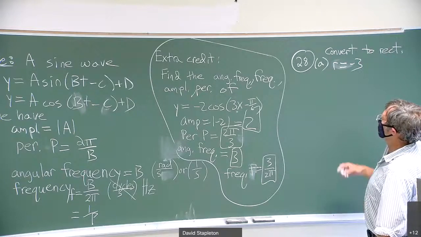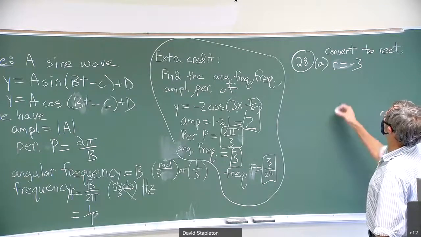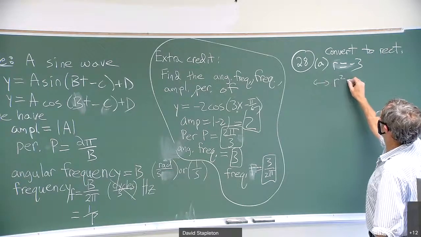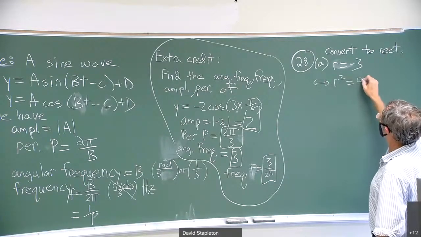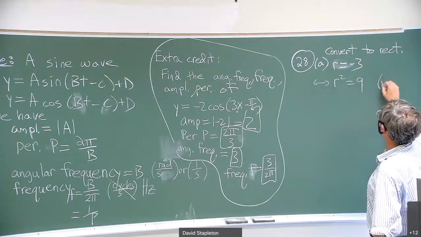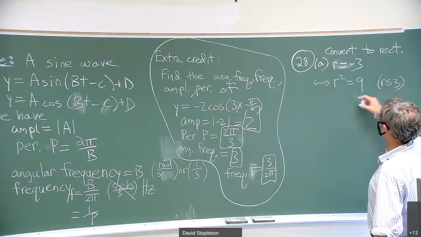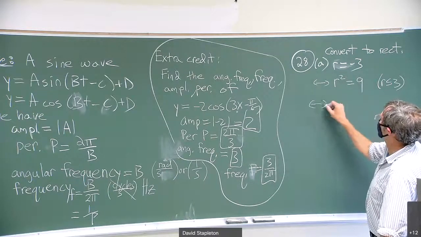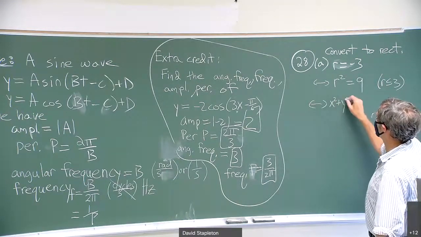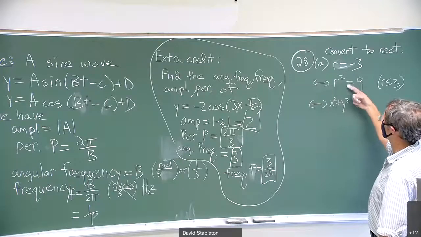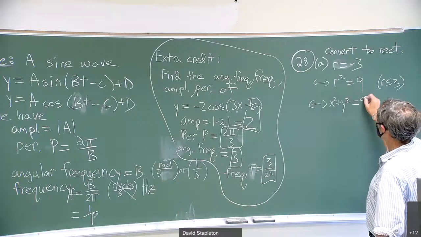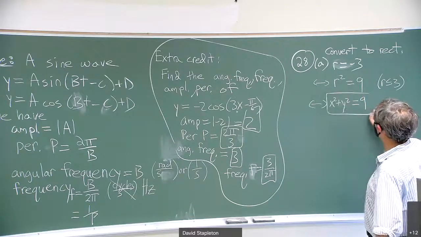Well, we don't have an r given explicitly in polar coordinates, so we write equivalently r squared equals 9 by squaring both sides, but then I've introduced a new solution, r equals 3. But then I realized that r squared is x squared plus y squared. We do have an expression for r squared. r squared is x squared plus y squared. Tangent theta is y over x. Conversion equations. So this is x squared plus y squared equals 9.